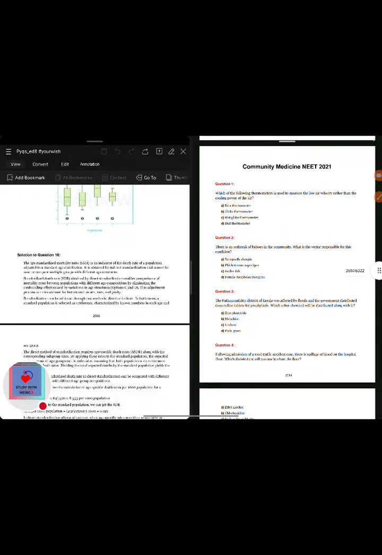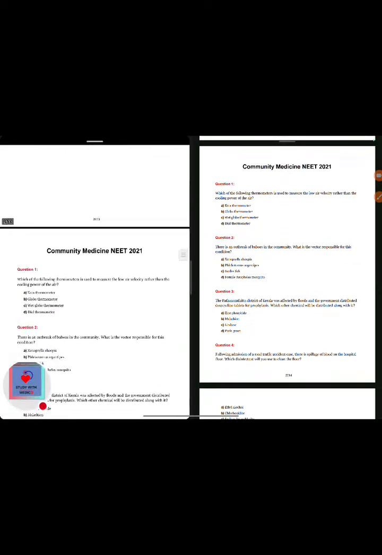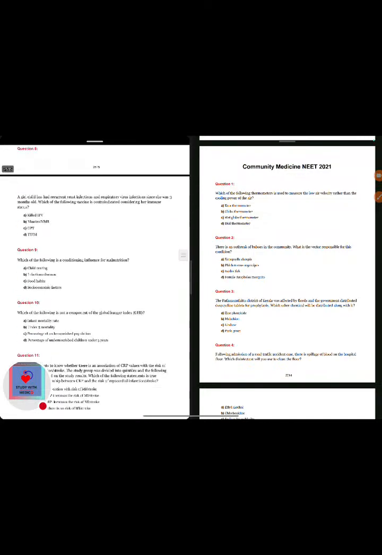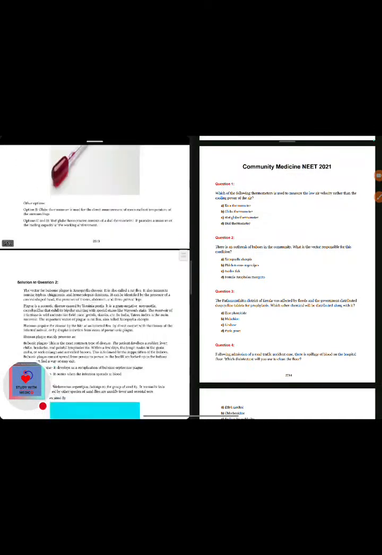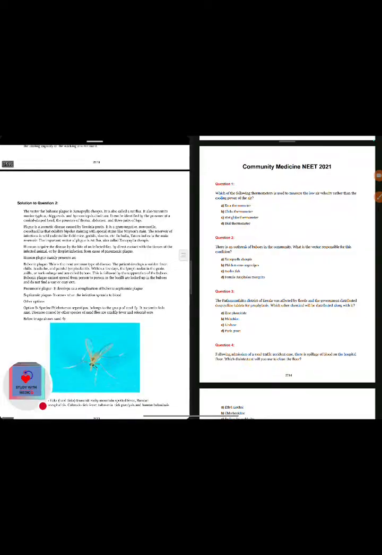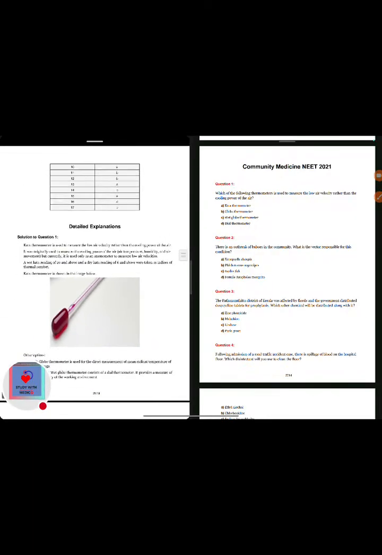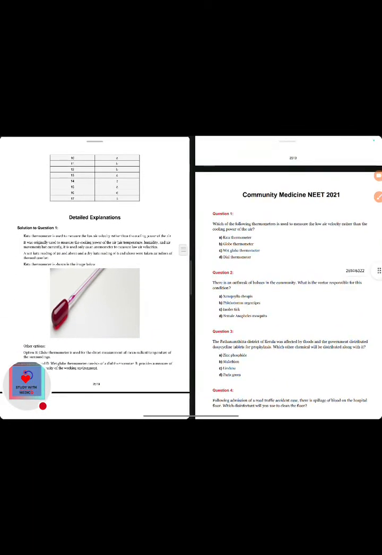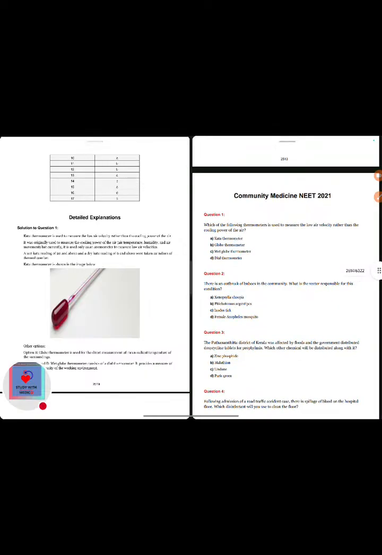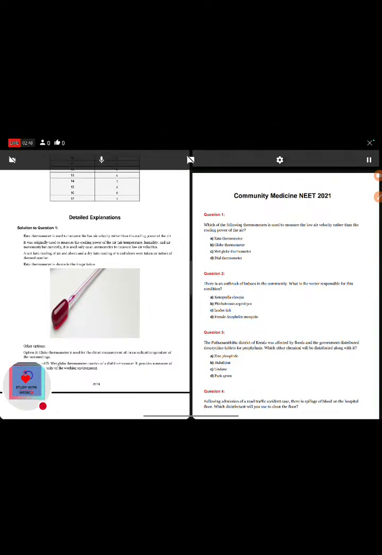This is 2514. So we are dealing with a question paper. Here is the answer and here the question. In community medicine, I don't know how I'm conducting this slide. I have to change some settings. It should not be vertical because it will not be visible if it is vertical.